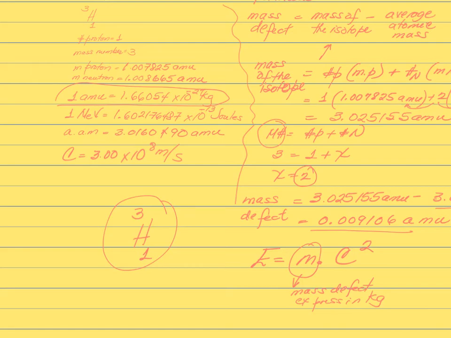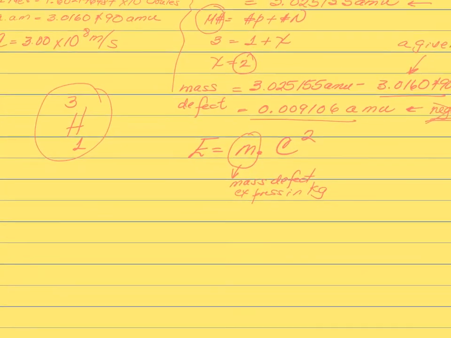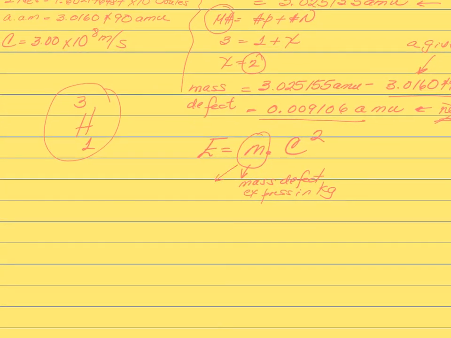So you have to express the mass defect in kilograms in order to put that over there. The mass defect is equal to 0.009106 AMU. You're going to multiply by the conversion factor, 1 AMU.